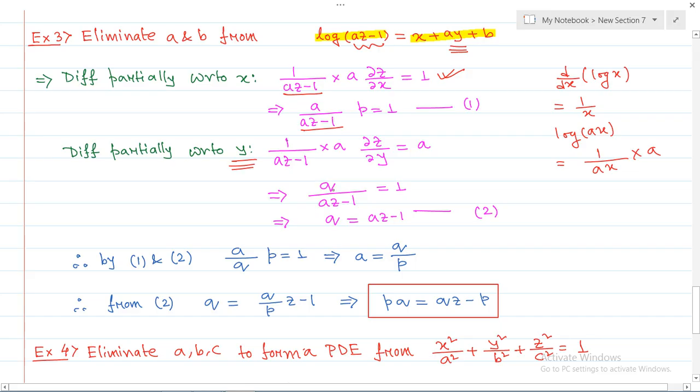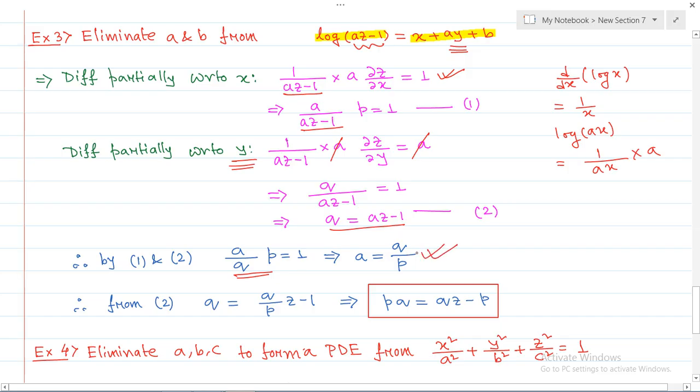So q by, that is a by az minus 1, because this a is going to be cancelled here, and del z del y is your q, so q by az minus 1 equal to 1, so the value of q is coming as az minus 1. So from 1 and 2, we can write down a upon az minus 1 into p equal to 1, and q value is az minus 1, so a upon q into p, that is equal to 1.